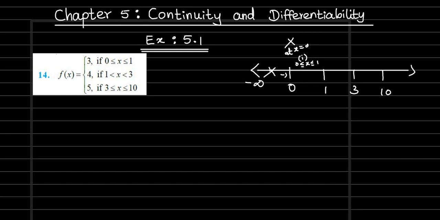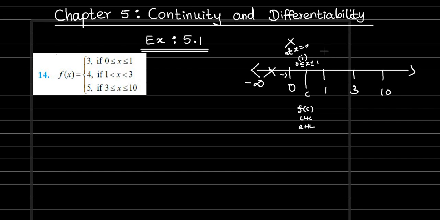Let c be any real value which lies between 0 and 1. Then to check the continuity, what is required? f of c, left hand limit, right hand limit. All three things we are going to find out. If the left hand limit and right hand limit use the same f of x, then the limits we can combine and find together. So in case 1, we are going to check the continuity for 0 to 1.